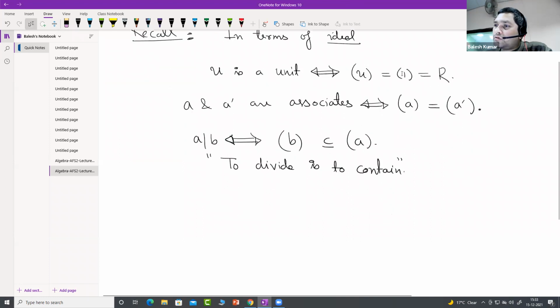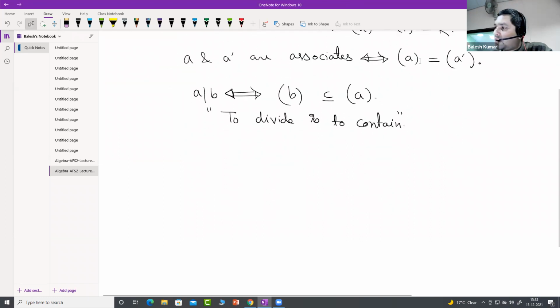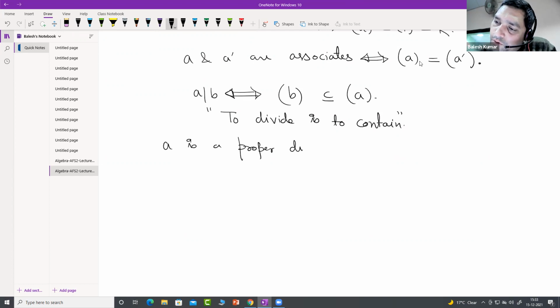We also defined the meaning of A being a proper divisor of B. This can be understood in terms of ideals as follows. If you look at the ideal generated by one, that is of course the full ring R, and any ideal will always be contained in this full ring.